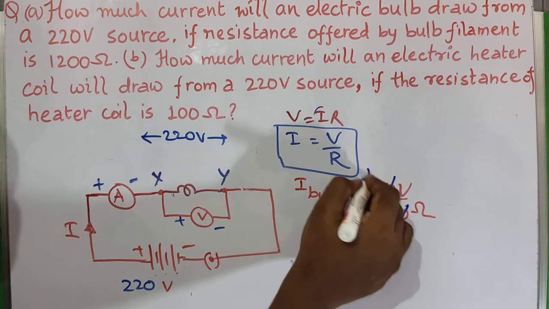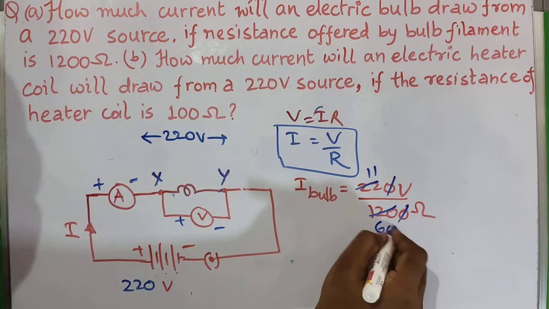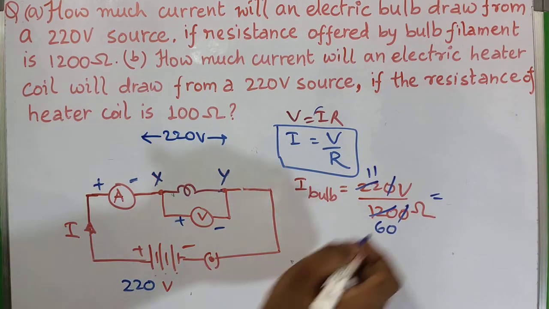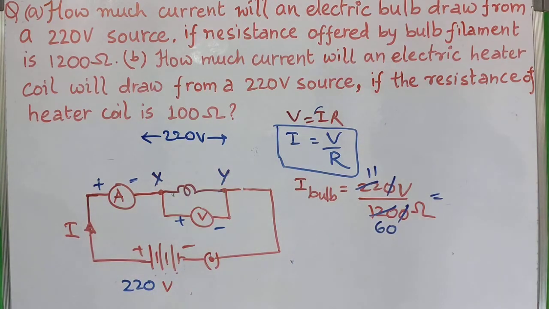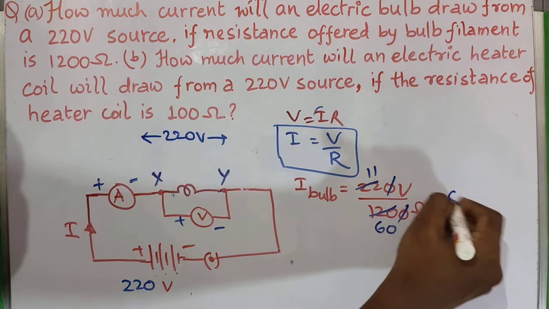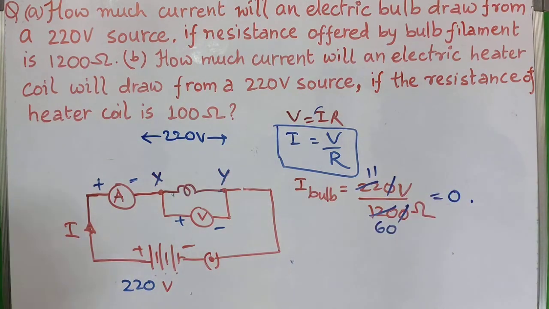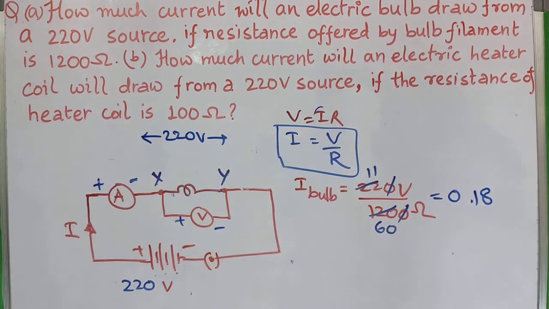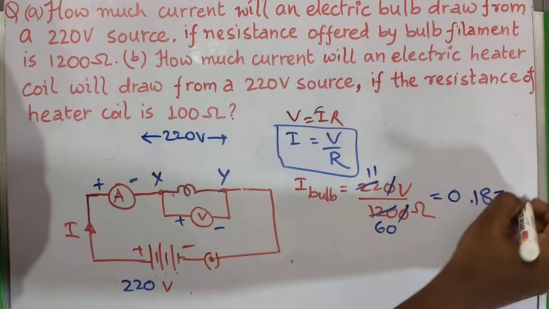So let's do some cancellation. 2 11s are 22, 2 60s are 120. So how much would this be? 11 by 60. So I can write it as 1.1 by 6. 0.1 sixes are 0.6, 8 sixes are 48, and so on.